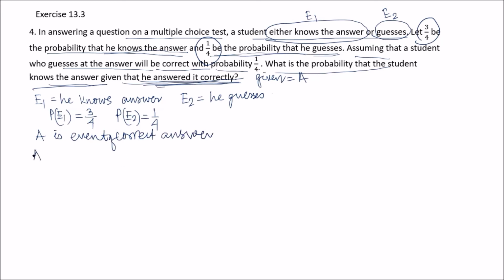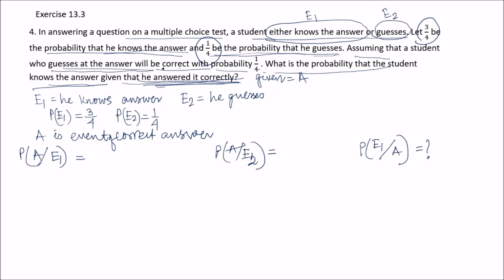Then we'll get a probability of A. He is doing correct when he knows the answer, and he is doing correct when he is guessing the answer. And what we have to get? We have to get, given that he has done correct, what is the probability he knew the answer. This is asked. And out of these two, if you read carefully, he guesses the answer and will be correct.